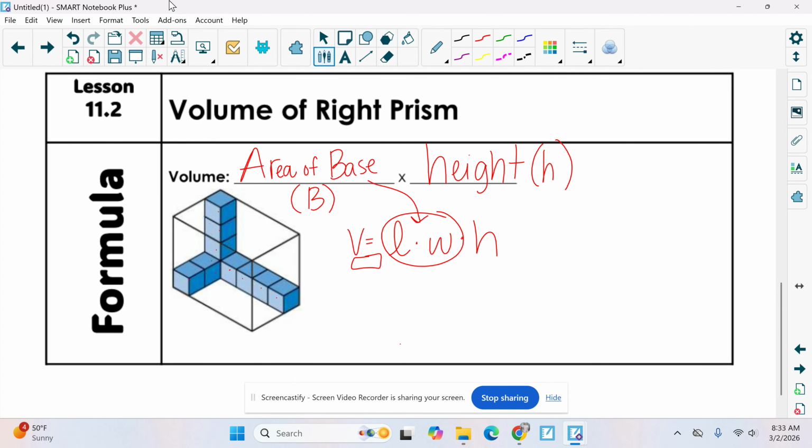Oh, no, I just dropped one. Alright, so do that. So kind of like that, yeah. How many wide, how many long, and how tall would it be?